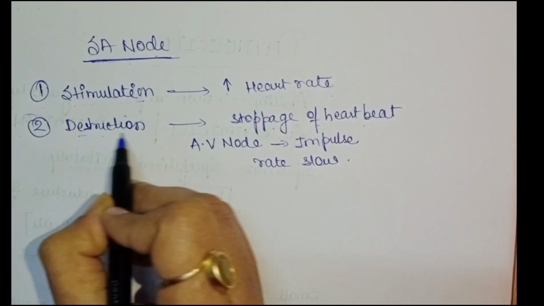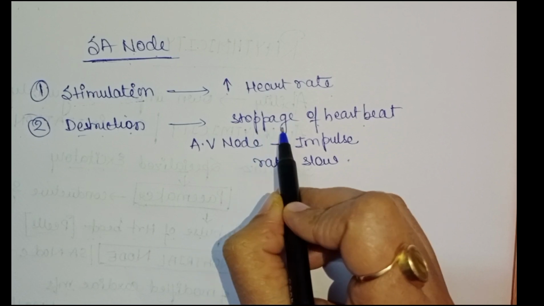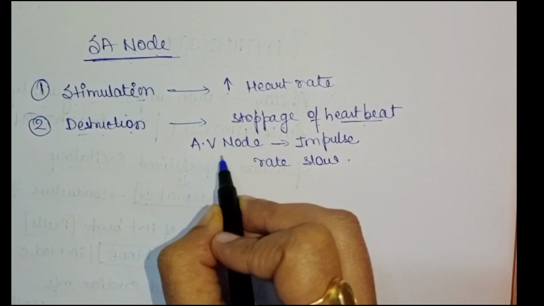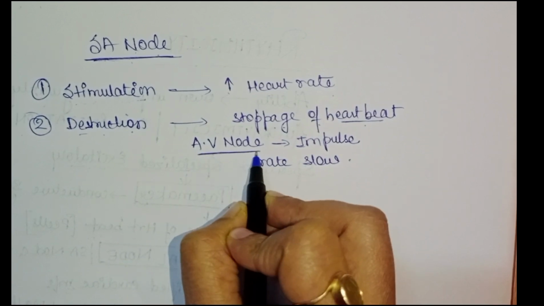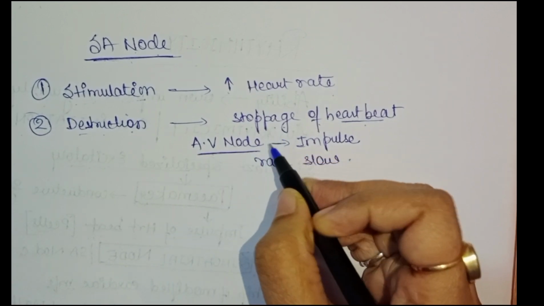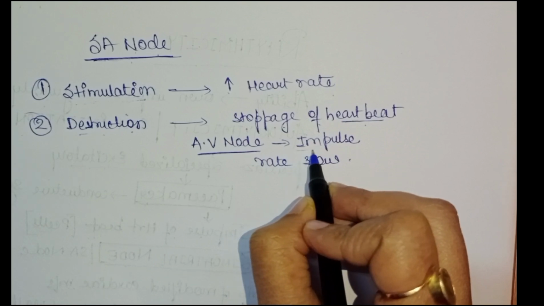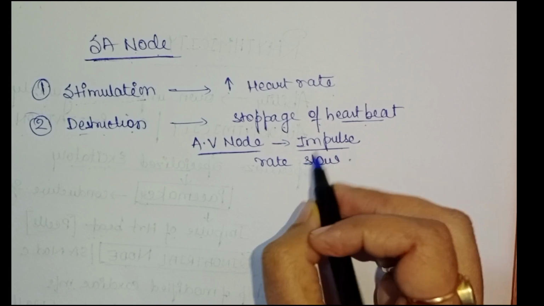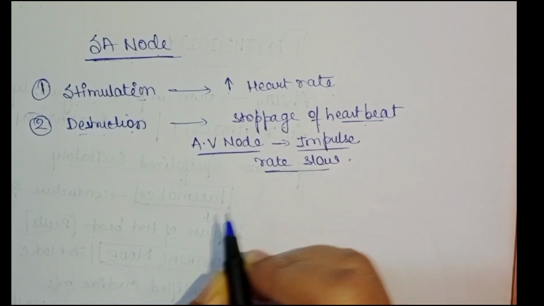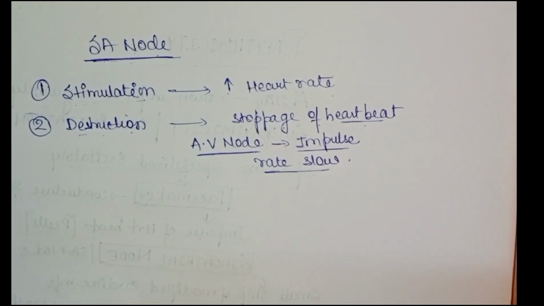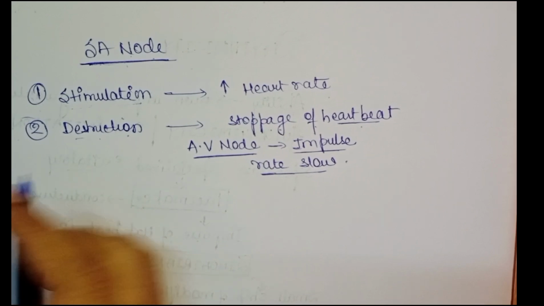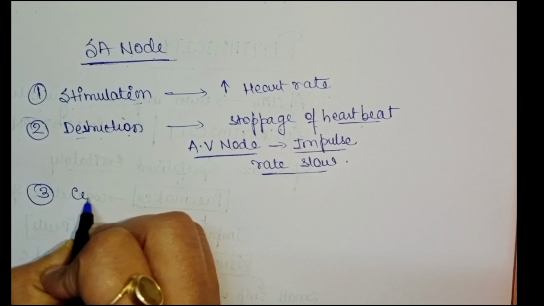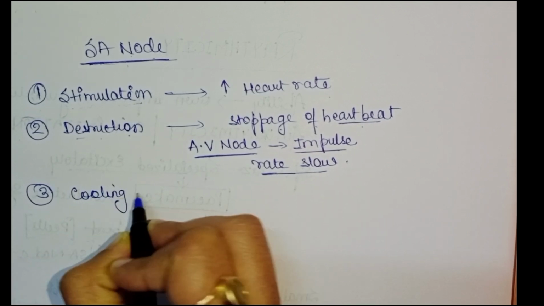So what happened? If we destroy the SA node, the immediate effect is that there will be stoppage of heartbeat. But after some time the AV node will start acting like a pacemaker and start generating the impulse, so that the heart starts beating, but the rate of heartbeat is slow as compared to the SA node. Third, local cooling of the SA node.